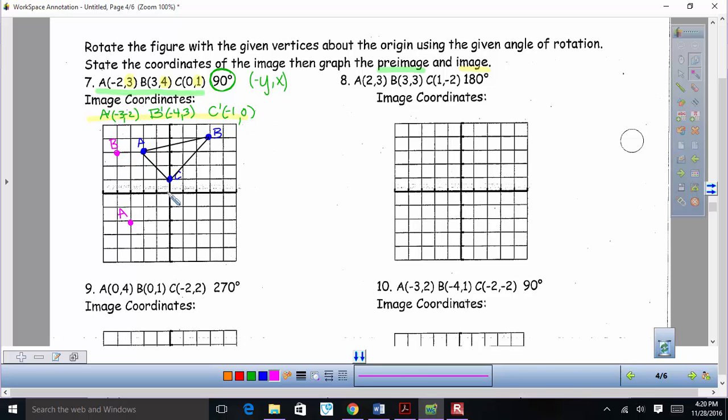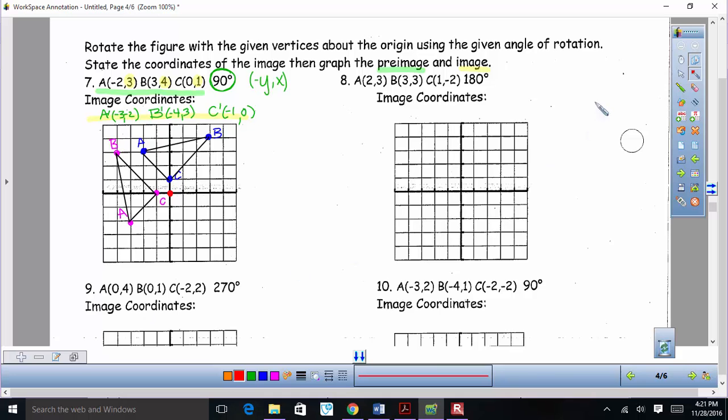And C is at negative 1, 0. Okay, so we rotated that around the origin, which is right here, 90 degrees.